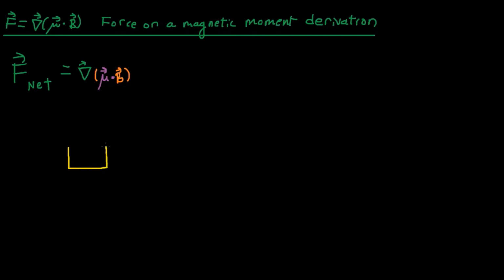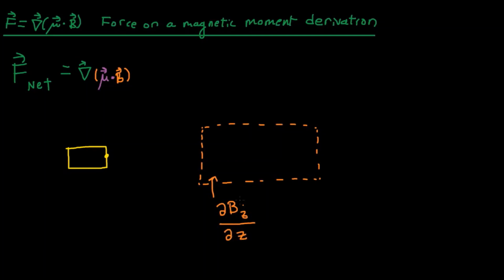So if you have some sort of particle emitter that emits a particle with spin, and you have some sort of zone, I'll just denote this zone with this box, and in this zone you have a changing magnetic field, created by some sort of instrument, some sort of device, which we don't have to worry about right now. But in this zone, let's say that the z component of the magnetic field is changing with height.